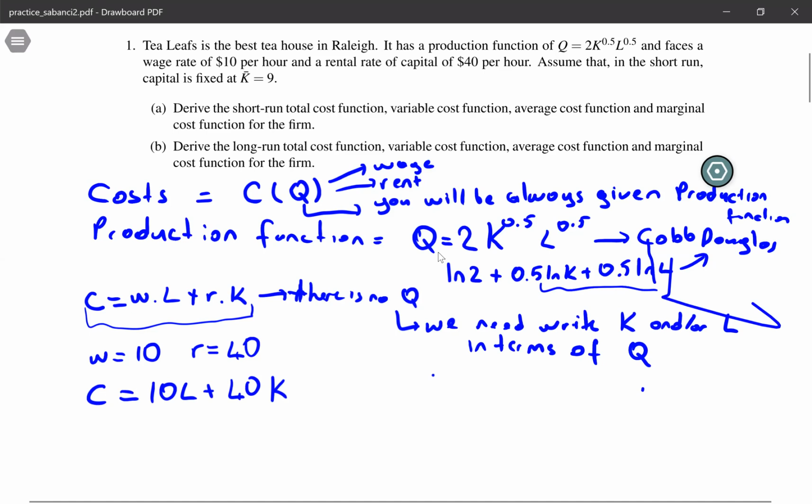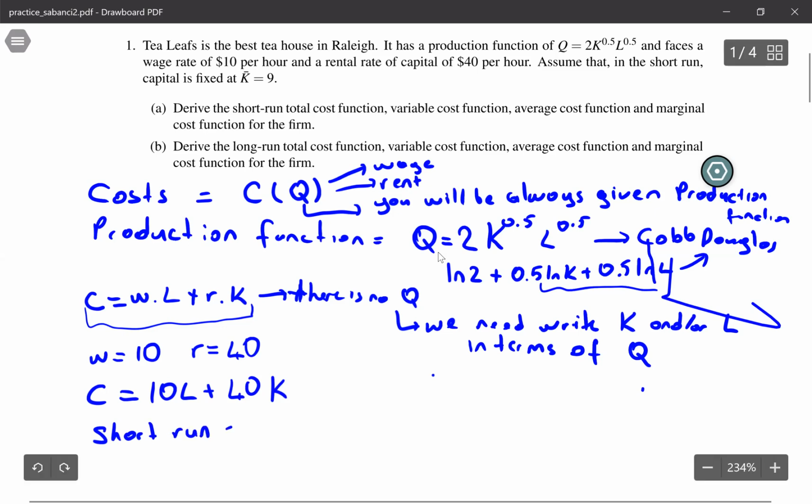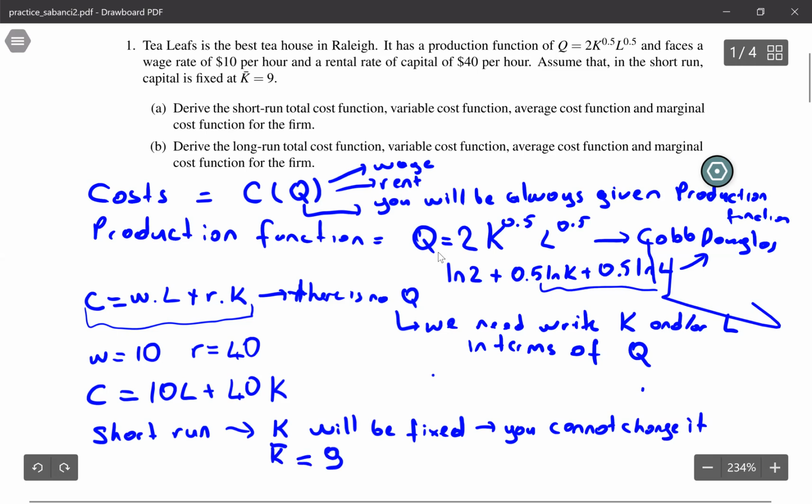Then it says something about the short run. You always need to remember, not just for this topic, that in the short run K is fixed, which means that you cannot change it. In this question, the fixed capital level is given as 9.